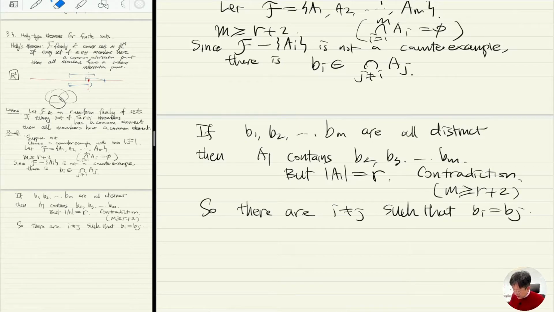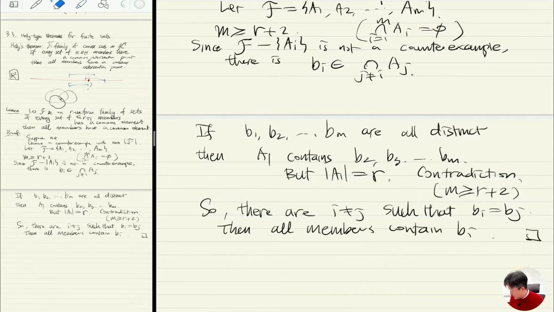Then all members contain Bi by definition, right? Because Bi is contained in all of them except possibly Ai, but Ai also contains Bj, but Bj and Bi are the same. So that's easy.